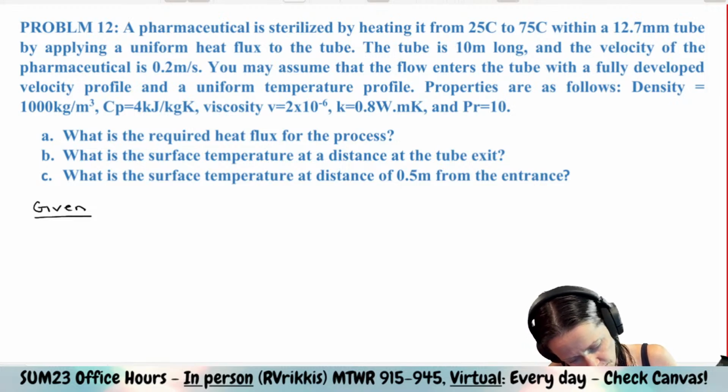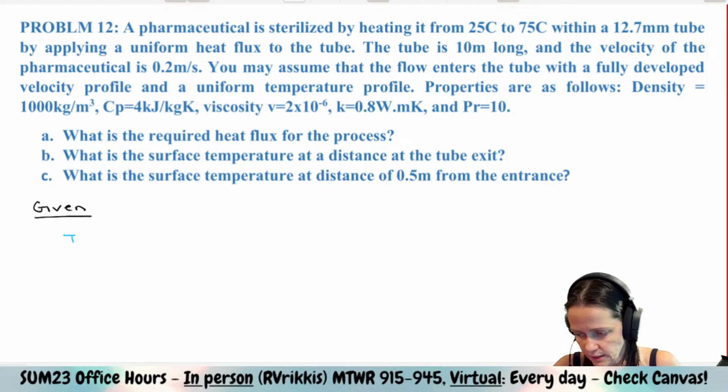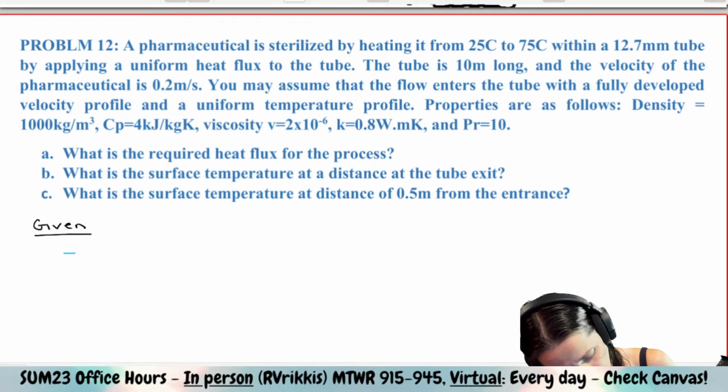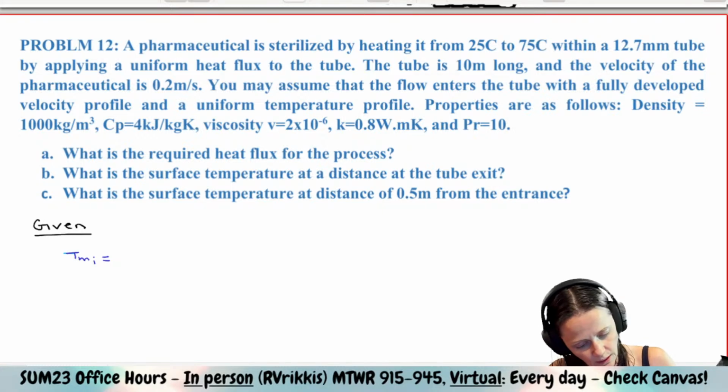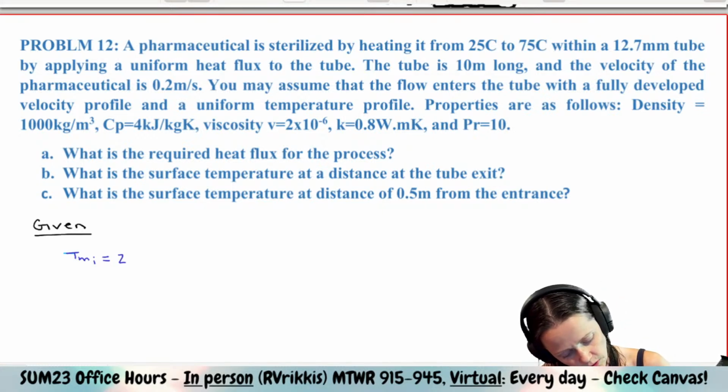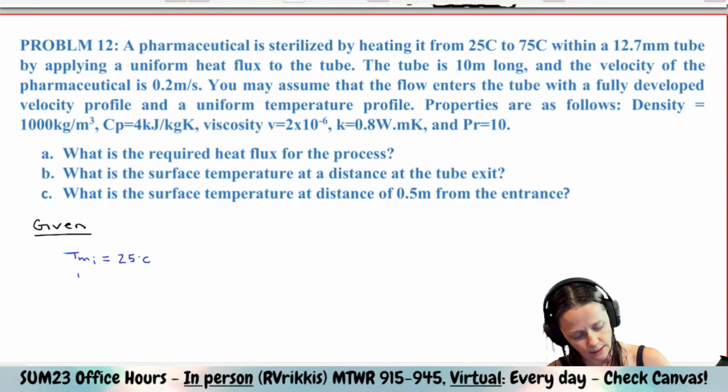I have whatever product this is, coming in with a T mean in of 25 degrees Celsius, and a mean velocity of 0.2 meters per second.